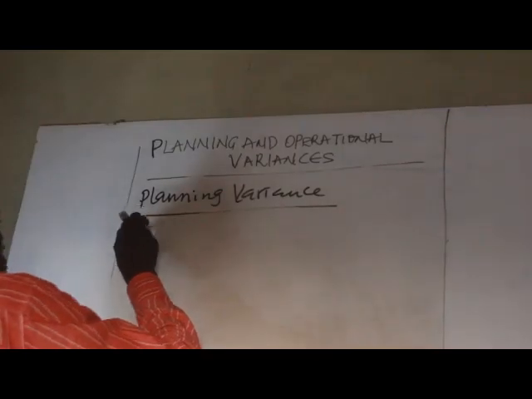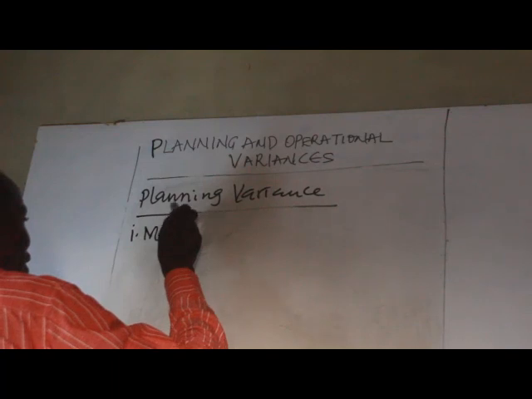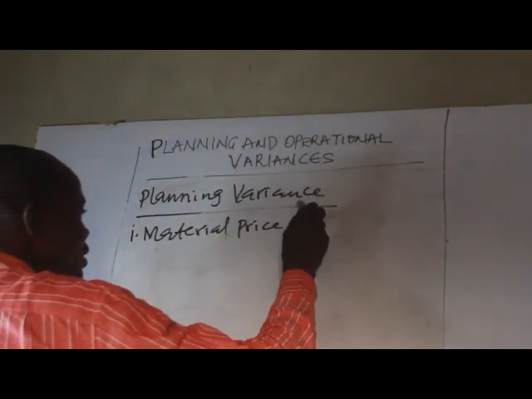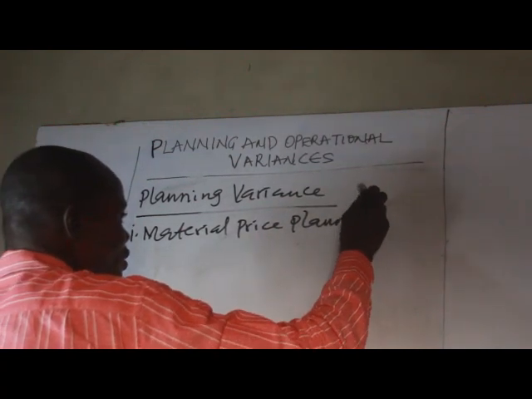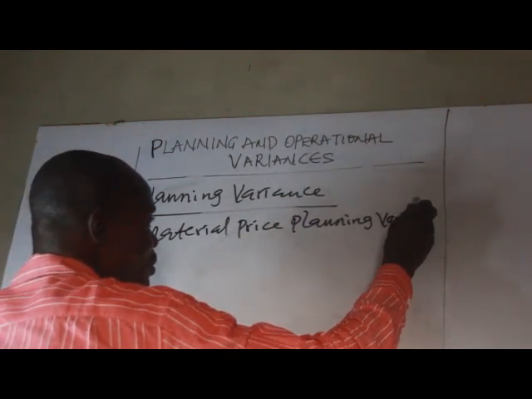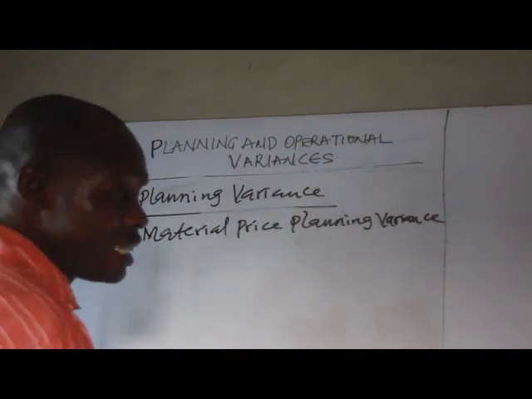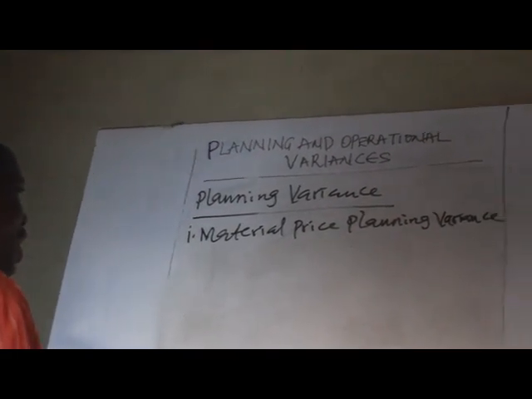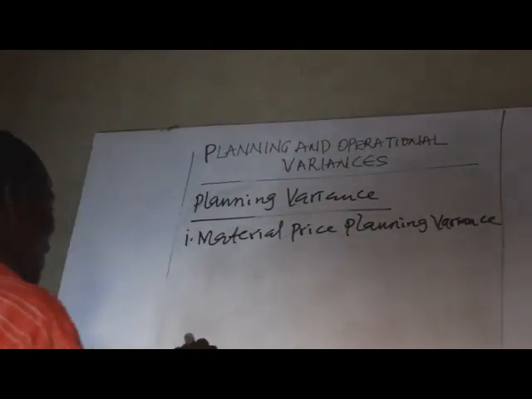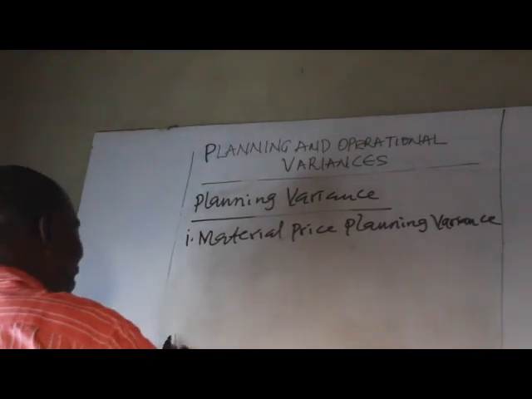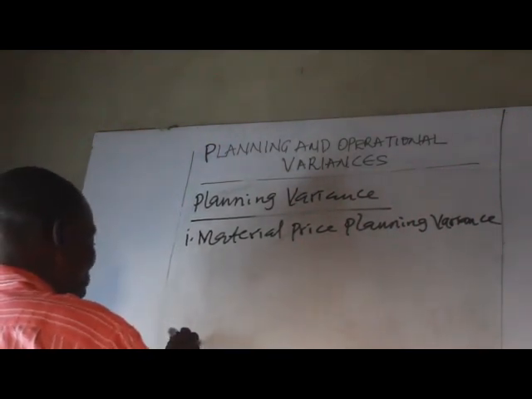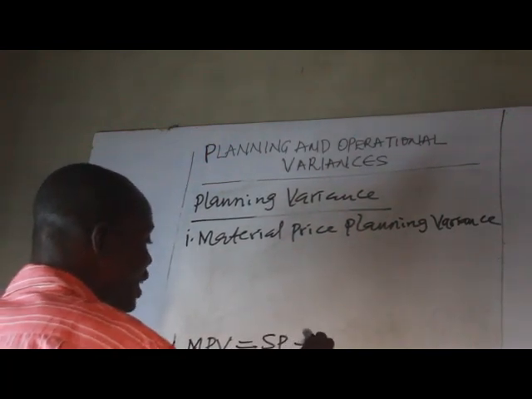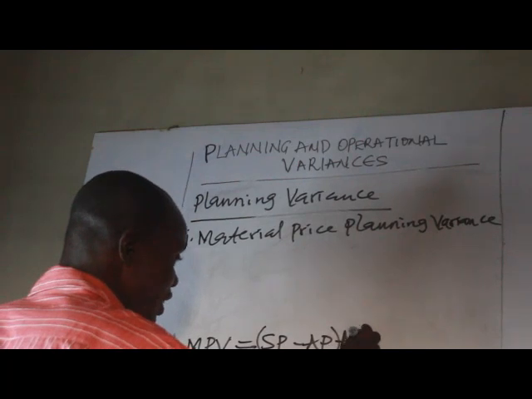To compute material price planning variance, remember, I've told you that you want to compare the ex ante with ex post. Under the basic variance we've considered, material price variance is equal to standard price minus actual price multiplied by actual quantity.